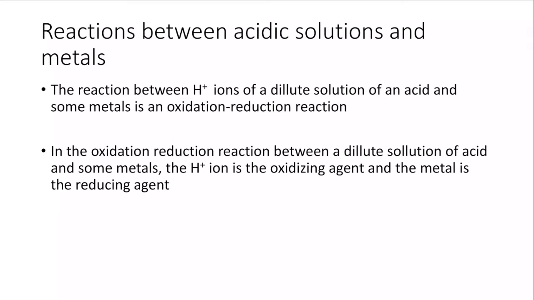The reaction between H plus ions of a dilute solution of an acid and some metals is an oxidation reduction reaction which implies an electron transfer between the reactants. Okay? In the oxidation reduction reaction between a dilute solution of acid and some metals, the H plus is the oxidizing agent, and we can say that it undergoes reduction, okay, and the metal is the reducing agent, or it undergoes oxidation, okay.